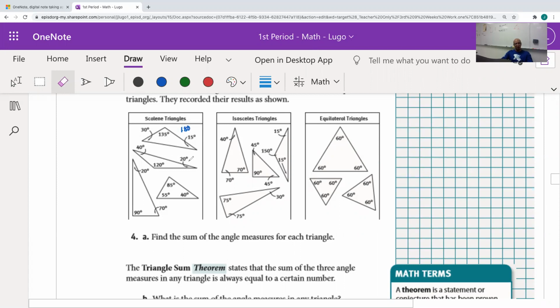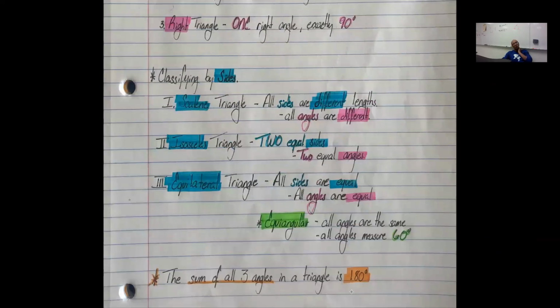All right. 40 plus 20, that is 60, plus 120, again, is 180. 90 plus 70 is 160, plus 20 is 180. 40 plus 85 is 125, plus 55 is 180. So no matter what, 60 plus 60 is 120, plus 60 is 180. Ladies and gentlemen, it is always going to be 180 degrees. And that's just something that's important to know. I promise you, it will be relevant in a test or Kahoot or anything really.